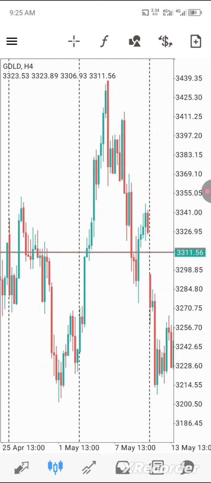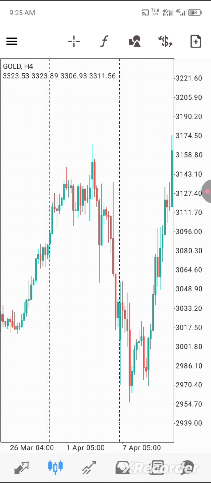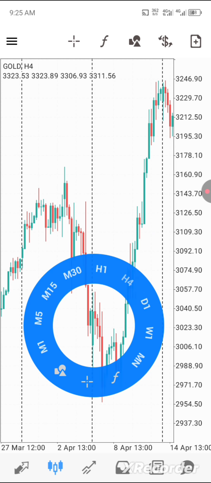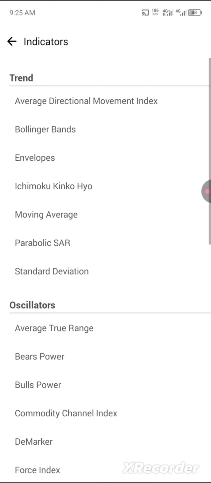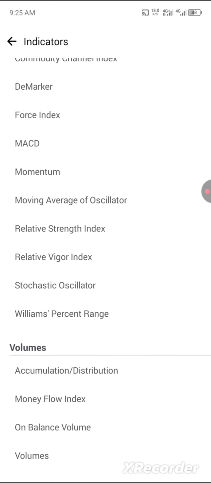Now, if you were to trade this market, I know you're probably asking yourself, how are we going to spot this market? Look, if you were to enter this market, if I were you, I will go to search for indicator. Let's search for Stochastic, stochastic oscillation, this one, click on it.